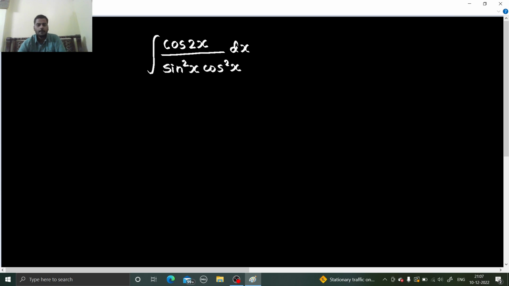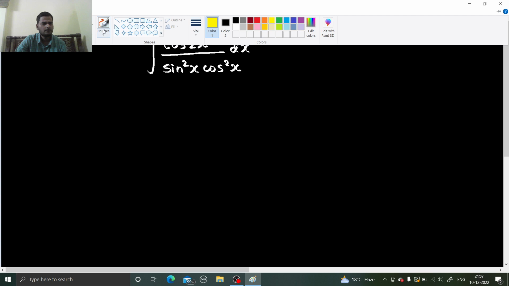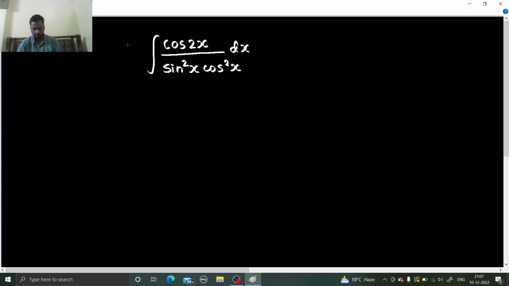So similar thing we'll do. Cos2x result, I think you know the cos2x result. We have multiple formulas, but cos2x is basically equal to cos square x minus sin square x.